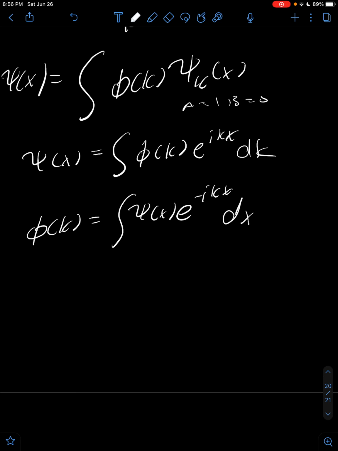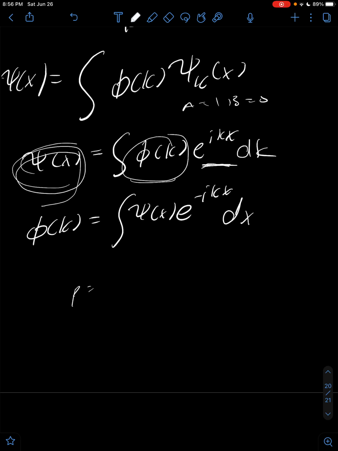So psi of x can actually be normalized, even though the stationary states are not normalizable. And it turns out that p is h bar k, right? So phi of k is also phi of momentum over h bar, and you can see that this is really e to the i px over h bar.